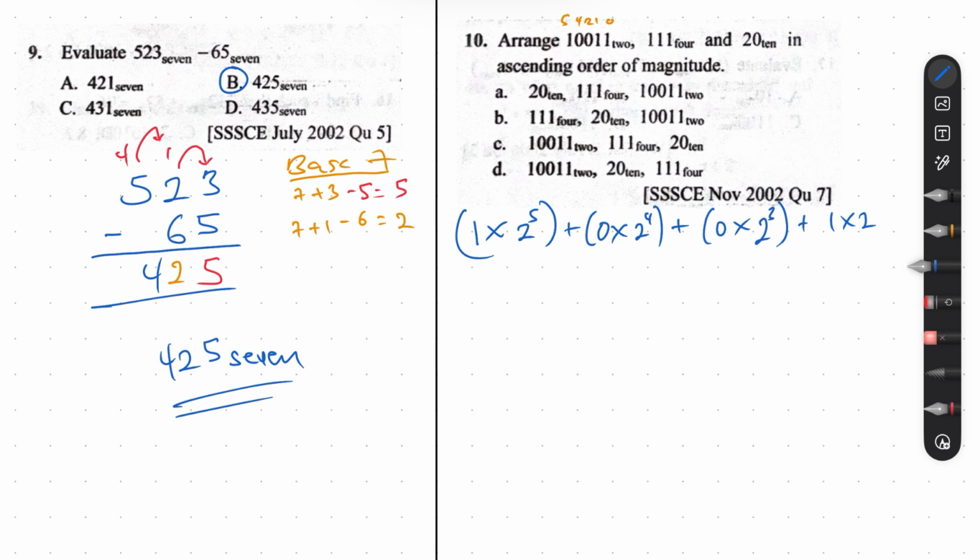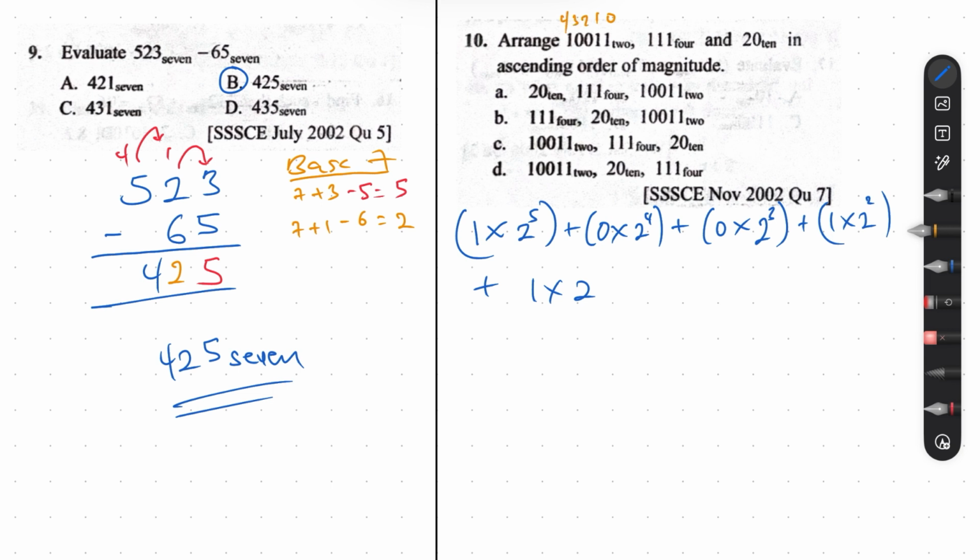Sorry, there's a mistake somewhere here. The labelling starts from 0, 1, 2, 3, 4.